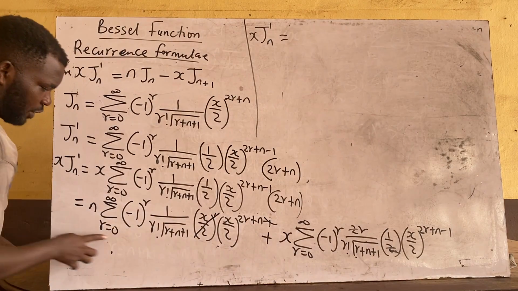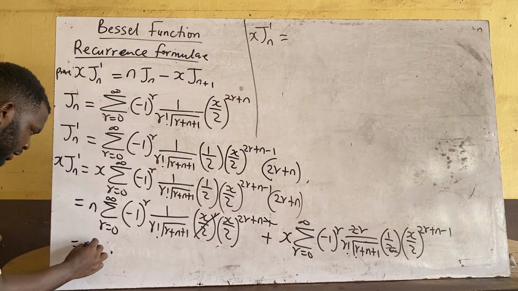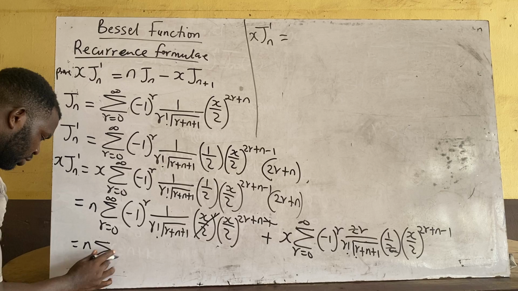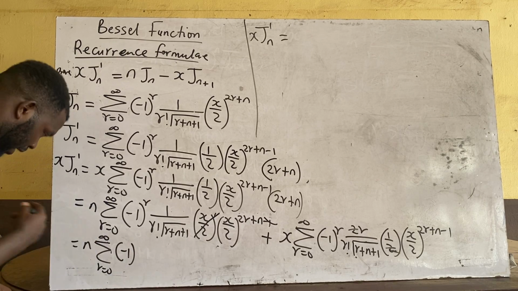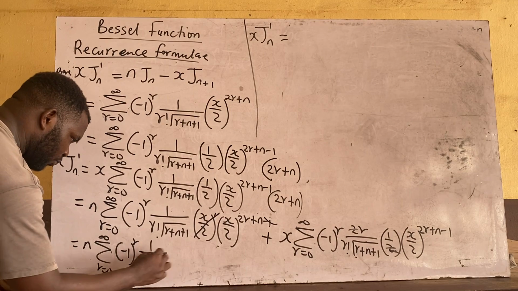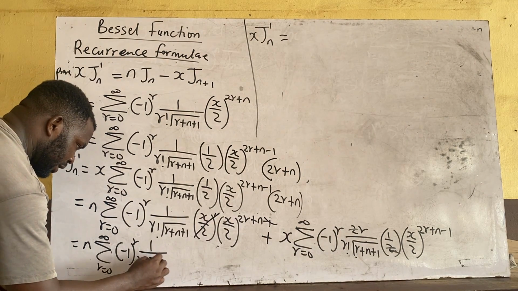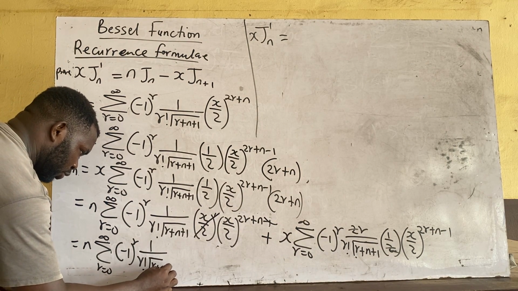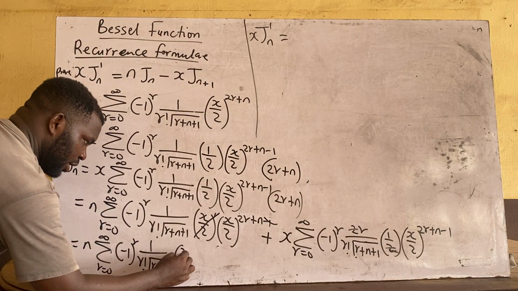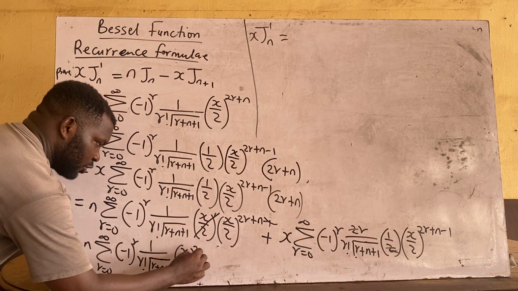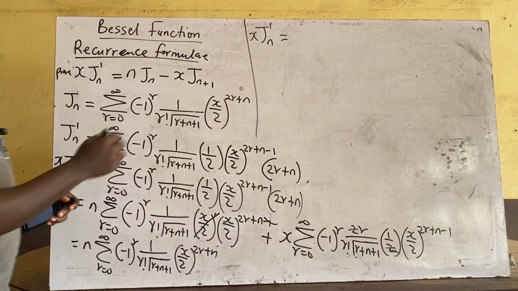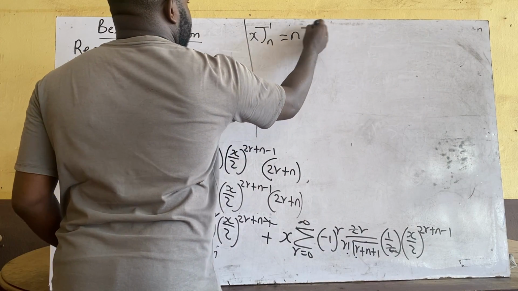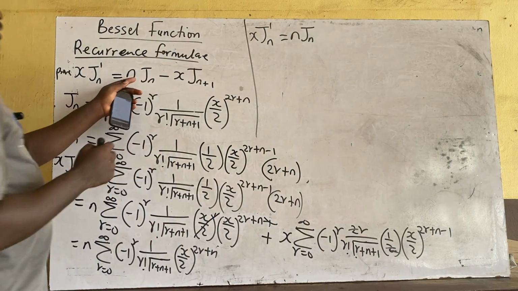And if you look at this very well, see that I'm left here with n, the gamma n, the summation of r starting from 0 to infinity of minus 1 raised to power r, then 1 over r factorial, then the gamma function of r plus n plus 1, then I'm left with x over 2 here, then raised power 2r plus n. So everything here is the same thing as this formula. So here will now be n j n.